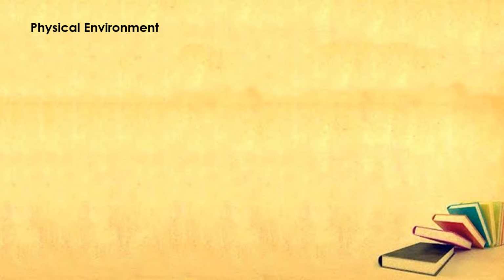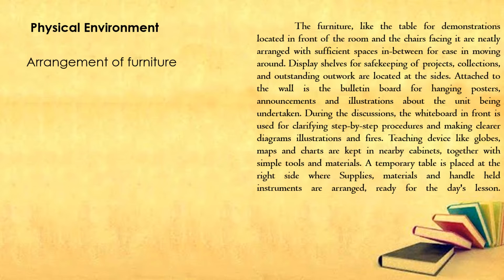The physical environment includes the arrangement of furniture. Accordingly, the table for demonstrations is located in front of the room and the chairs facing it are neatly arranged with sufficient spaces in between for ease in moving around. Display shelves for safekeeping of projects, collections, and outstanding artwork are located at the sides.